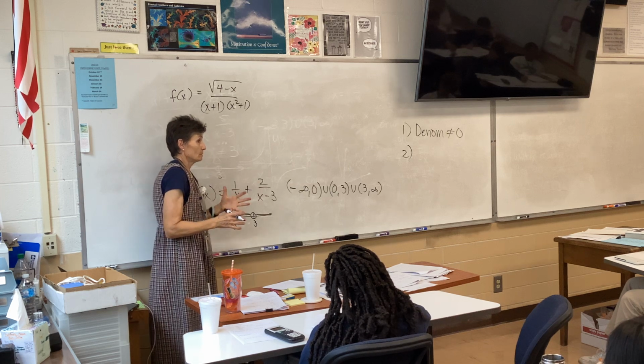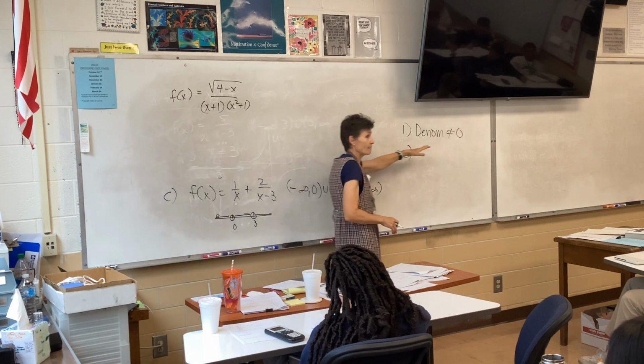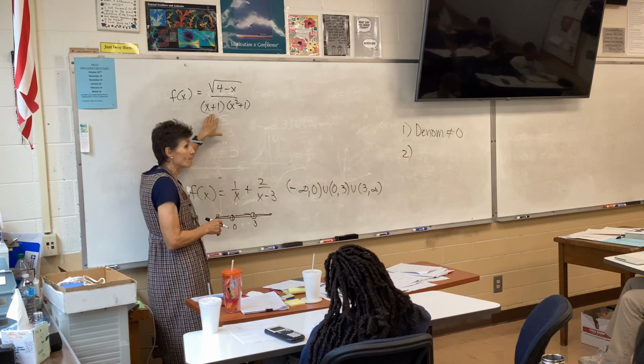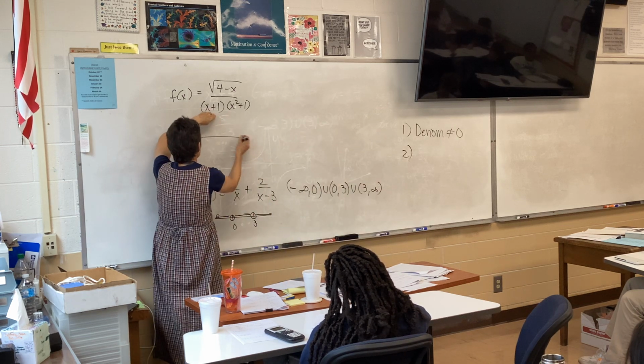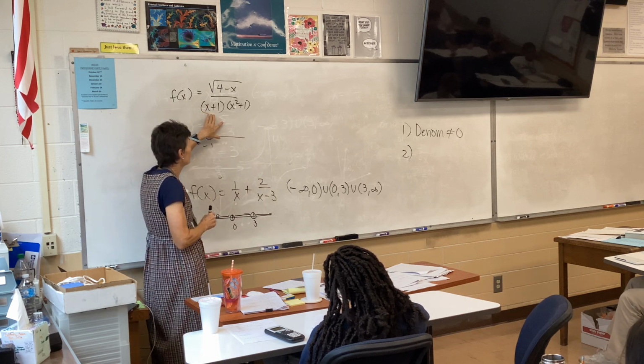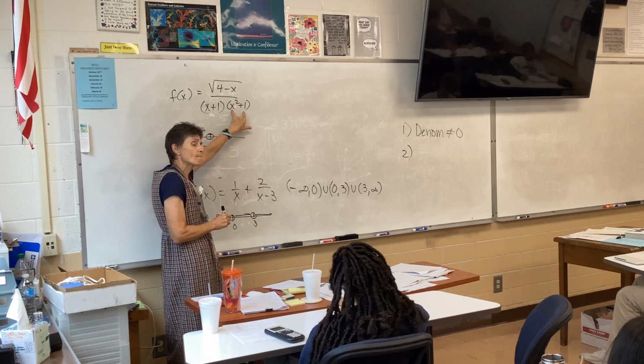Now, we already know denominators can't be 0. So clearly, X cannot be -1. I'm going to go ahead and just put that on my number line right now. X can't be -1.